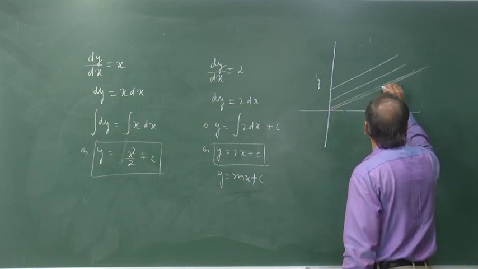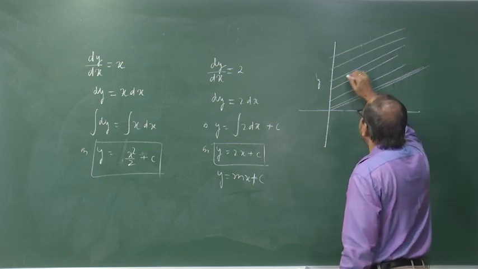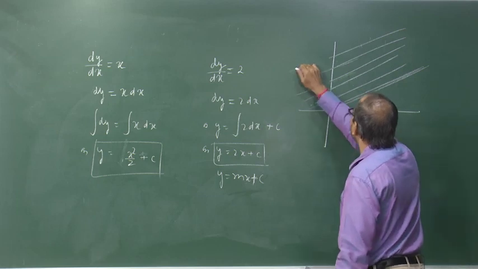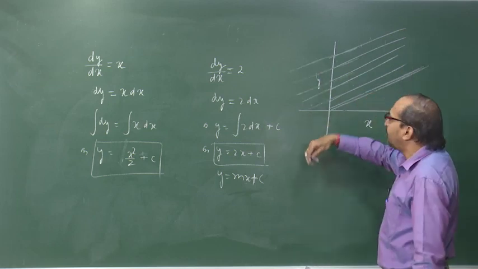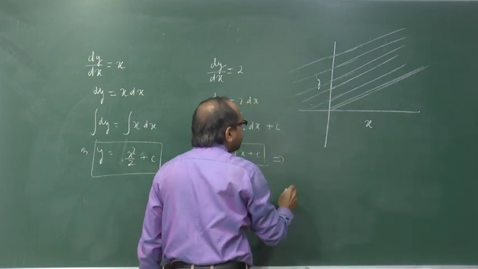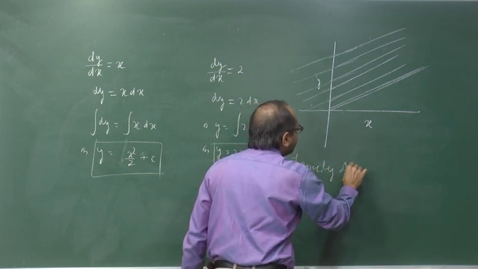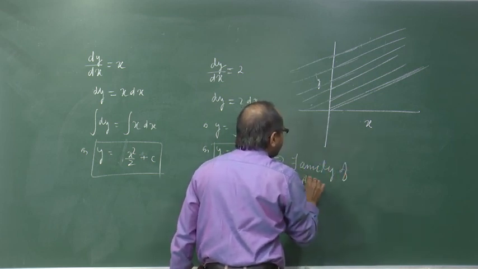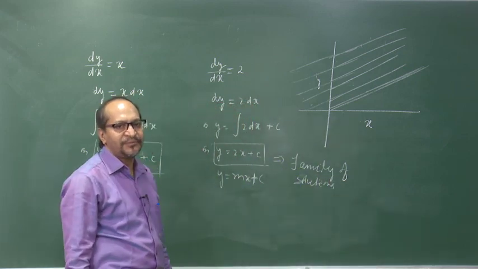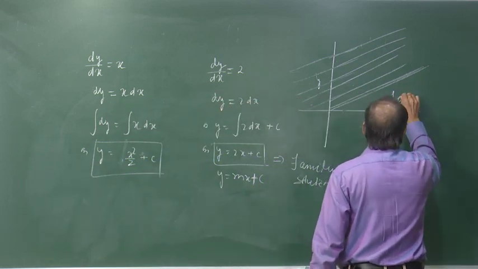If c is equal to 0, the graph starts from the origin. So, I can have infinite number of solutions like this. There is a family of curves. Because of c we get a family of solutions, or in the geometrical interpretation we have a family of curves.